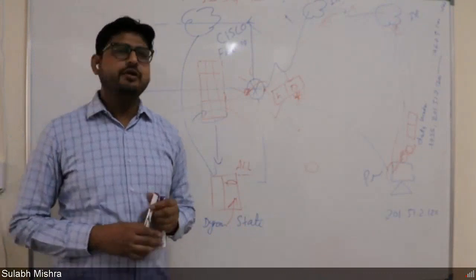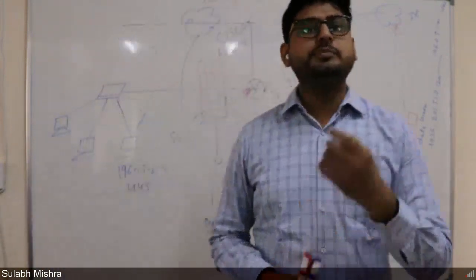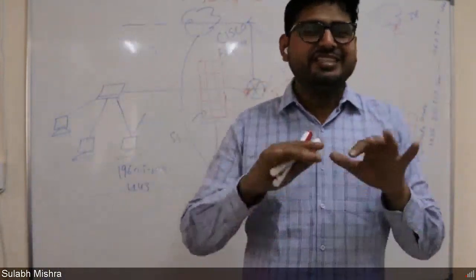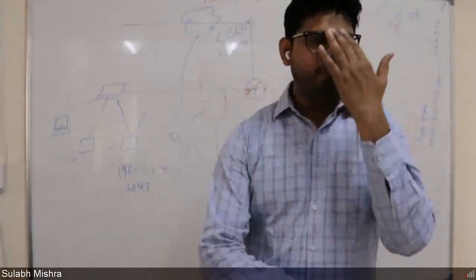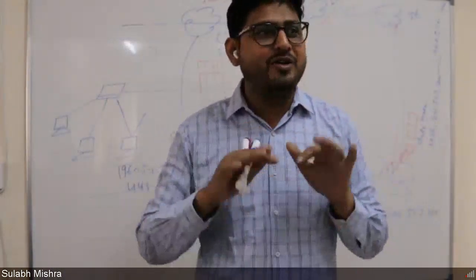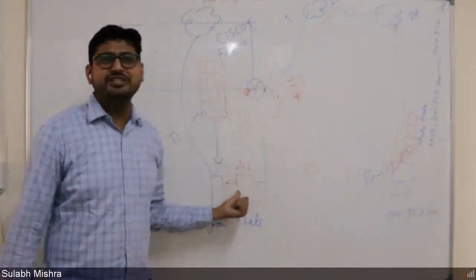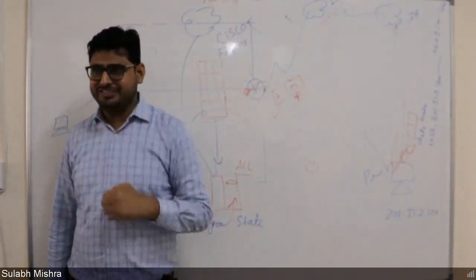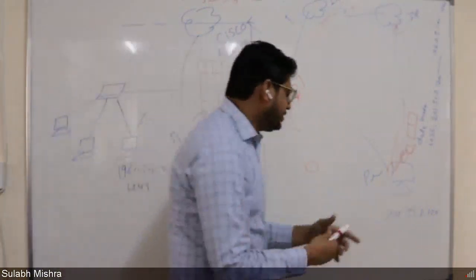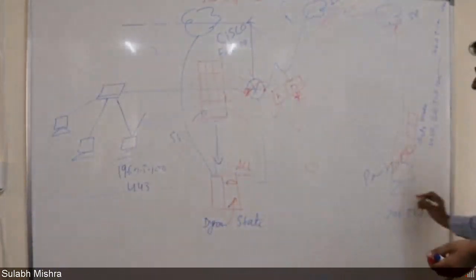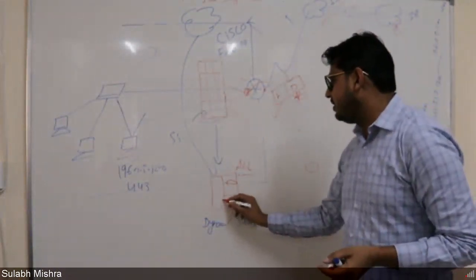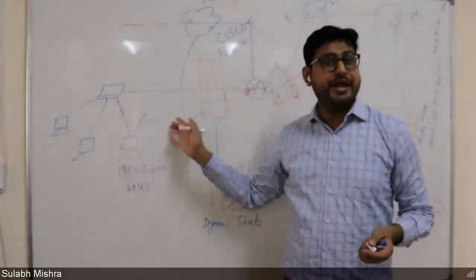Allowing or disallowing on the static list, we call it a policy of the firewall, a static policy. We can write our own rule, our own policy on the firewall, that is called a static rule. Let's say I can allow this particular IP on the firewall towards any IP on any port number.